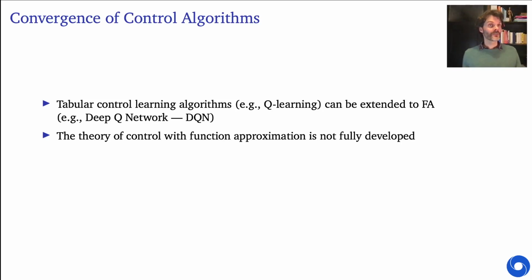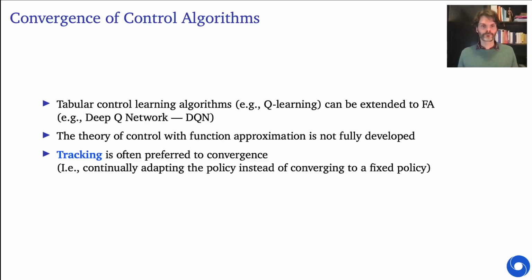This is because it's substantially harder than the prediction case, because now the policy is under your direct control, this might change over time, and it might be quite hard to reason through. Maybe the one exception of this will be in a subsequent lecture when we talk about policy gradients, which are again stochastic gradient algorithms and therefore are in some sense fine. But the theory of control with function approximation when you use value estimates is much harder in some sense.